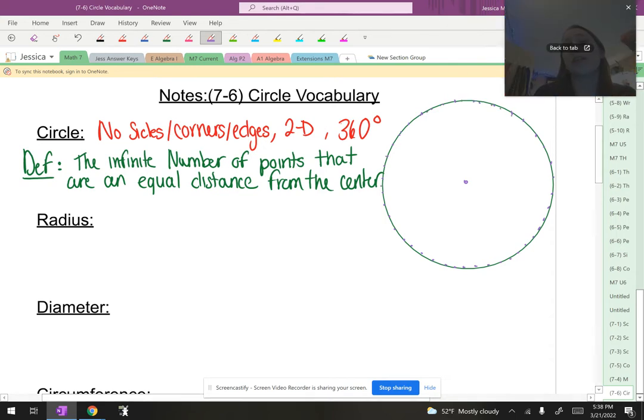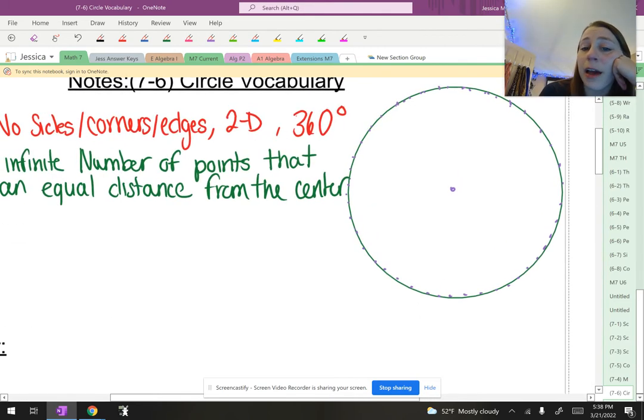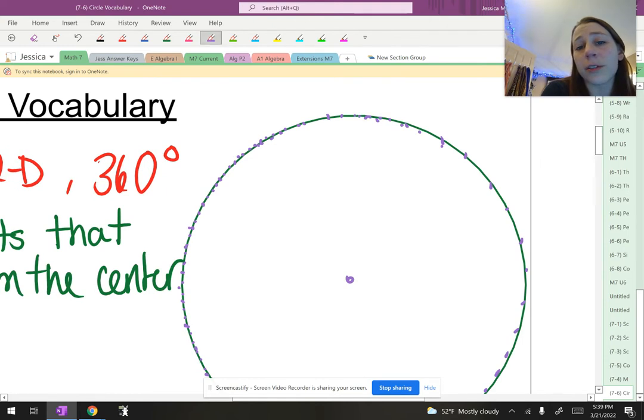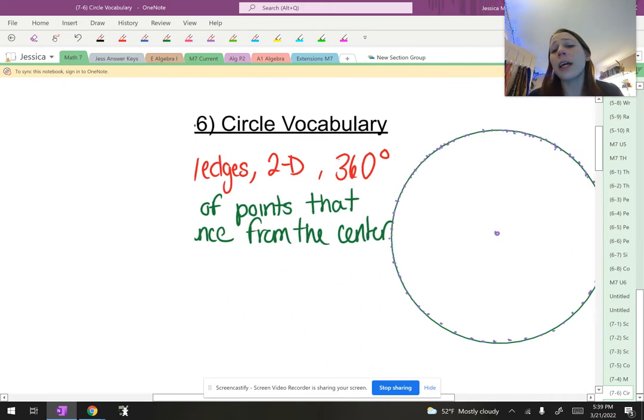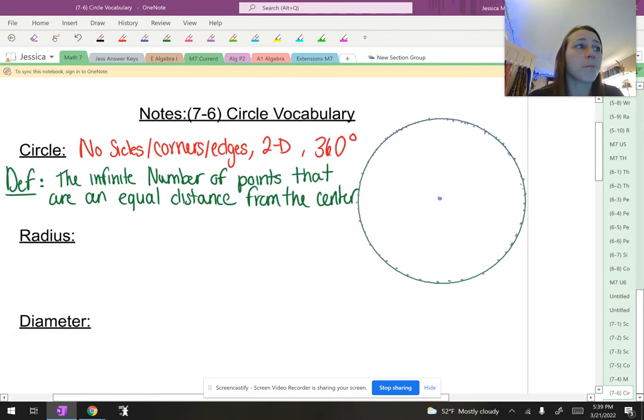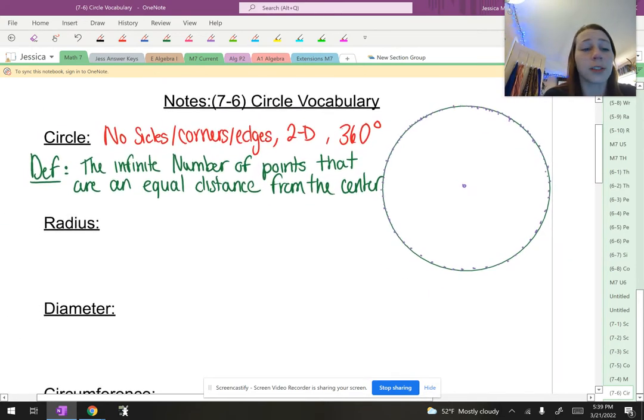This circle has an infinite number of tiny little points or tiny dots on it that make up the circle. And the more I zoom in, the more of these dots I could continue filling in along the circle's edge. We obviously could not fill in all of them because we could never zoom in enough to put an infinite number of points. Not to mention the fact that we could never plot an infinite number of points. That's the whole point of infinity. So, boom, that's a circle.